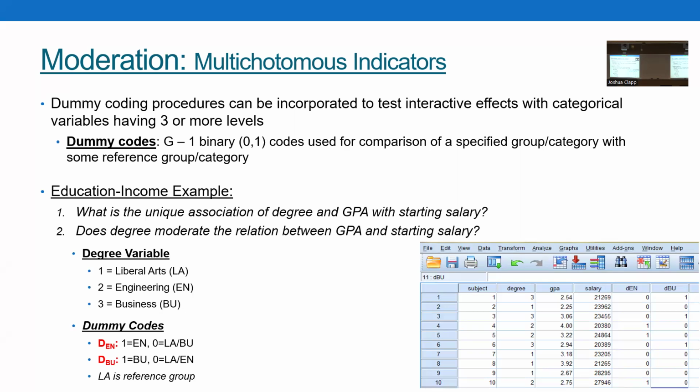Got it. But here's what happens. If you give into the urge to create a dummy code for liberal arts too, and throw all 3 of those variables in there, it's going to ruin your model. Engineering and business, the bivariate association is 0.